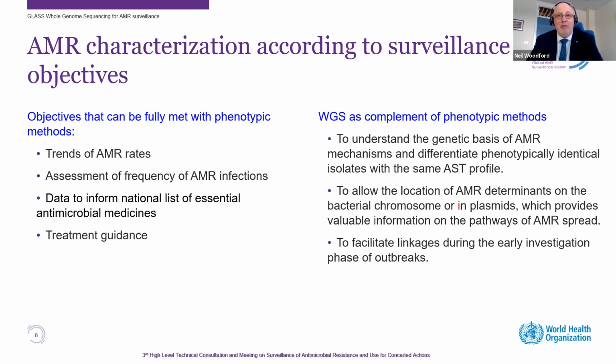And of course, as we've already mentioned, it allows you to type isolates in the same experiment. And this allows you to start identifying linkages between isolates, similarities, and provides data for the investigation of local outbreaks or international high-risk clones.